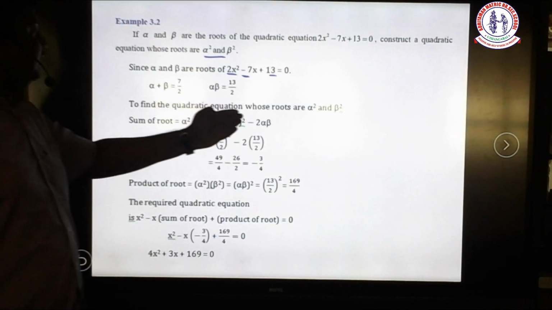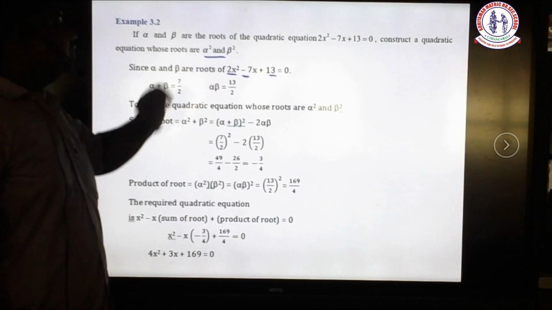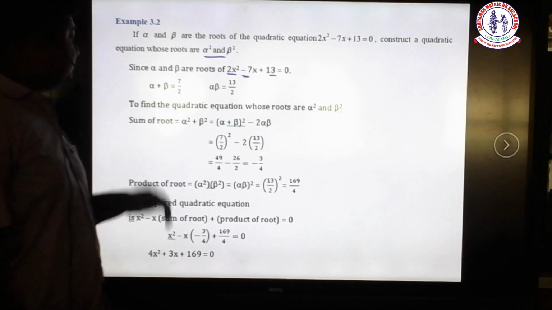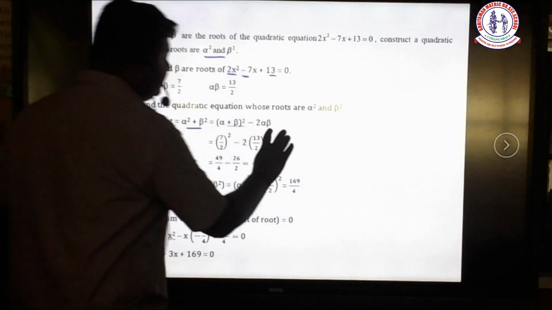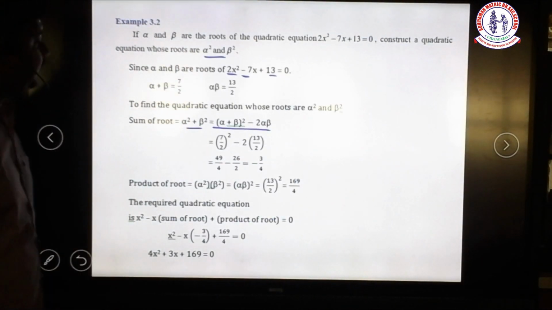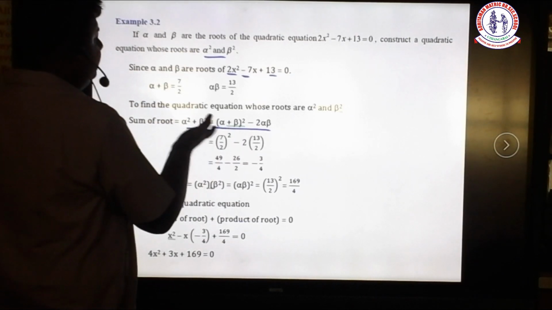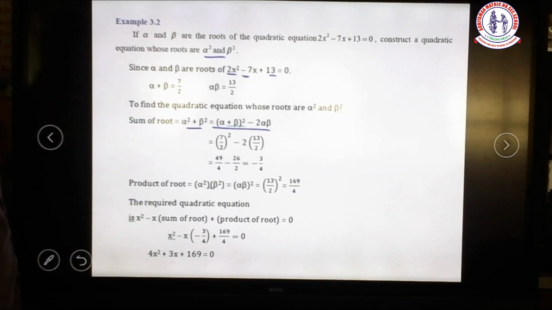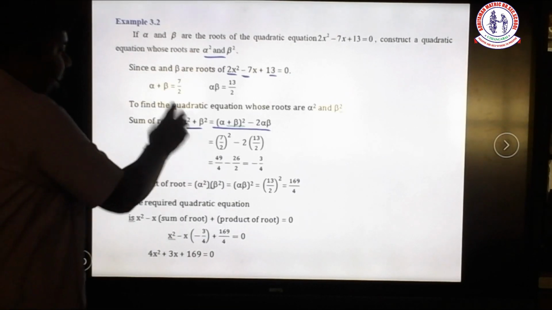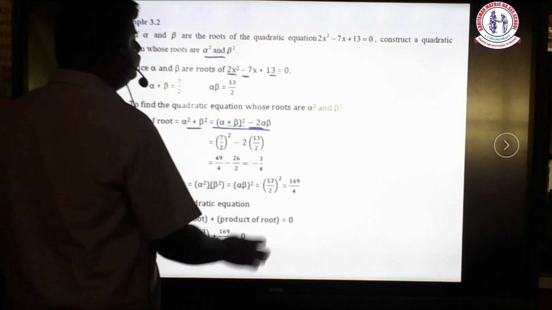To find the quadratic equation whose roots are alpha square and beta square, we first find the sum of the roots, alpha square plus beta square. We learned this formula in 10th standard algebra. We can't directly apply the values, so we use the formula: alpha square plus beta square is equal to alpha plus beta the whole square minus 2 alpha beta.